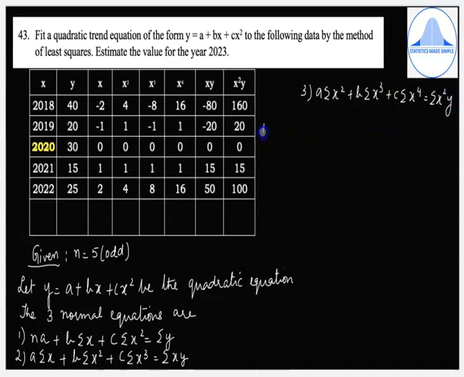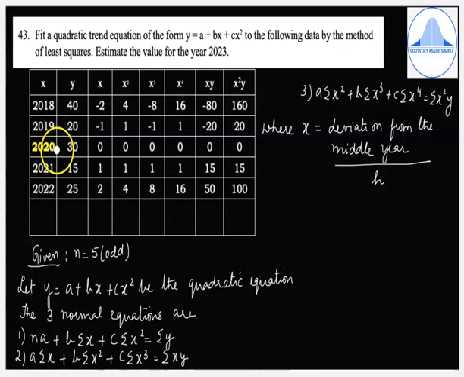Next, you have to write where x is equal to, so whenever n is odd, x is deviation from the middle year divided by h. So here the middle year is 2020.